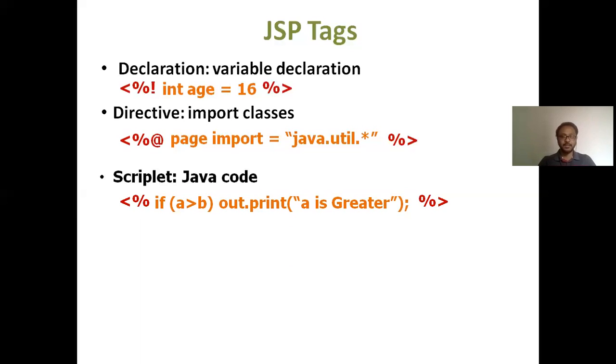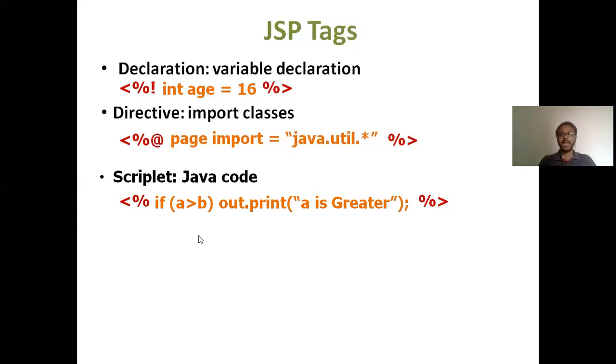As usual, we can use all the Java code in your JSP using the scriptlet tag. Obviously you can understand here: if a greater than b, out.print a is greater. This particular statement looks like a statement of Java. Since it's a statement in Java, if I want to embed this line in your JSP, I'm going to use this scriptlet.